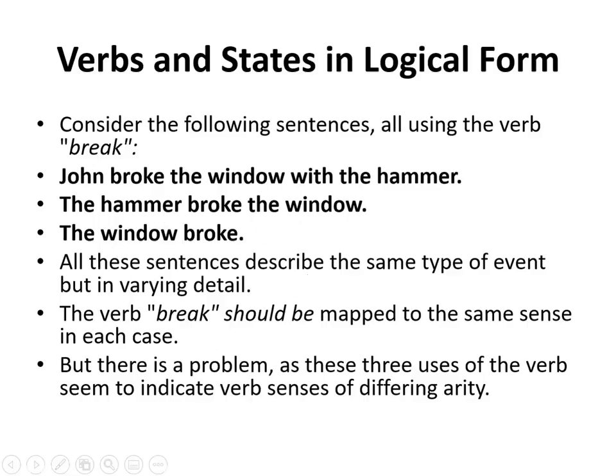All these sentences describe the same type of event but in varying detail. The verb break should be mapped to the same sense in each case. But there is a problem.